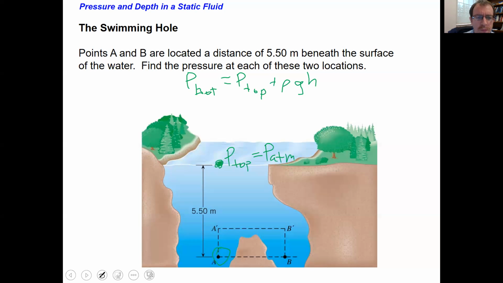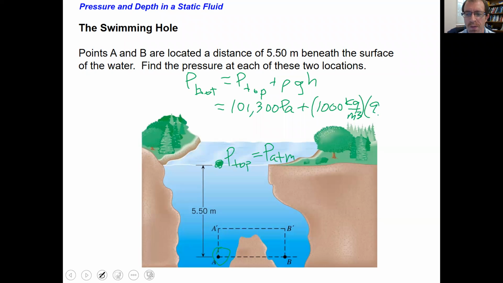So our pressure at the top is going to be atmospheric pressure. This is 101,300 pascals. That's our pressure at sea level. And then I've got density. If I go back and look at a table, density of fresh water, which I guess we'll make that assumption, is 1,000 kilograms per meter cubed.